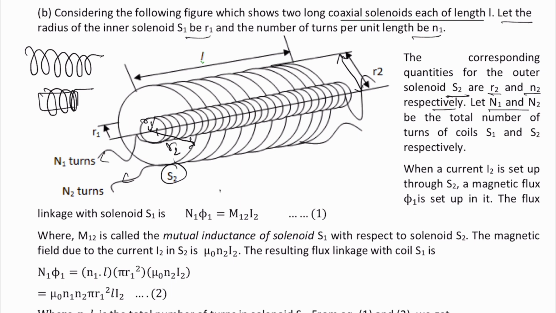When current I2 is set up through S2, the magnetic flux phi1 is set up in S1.